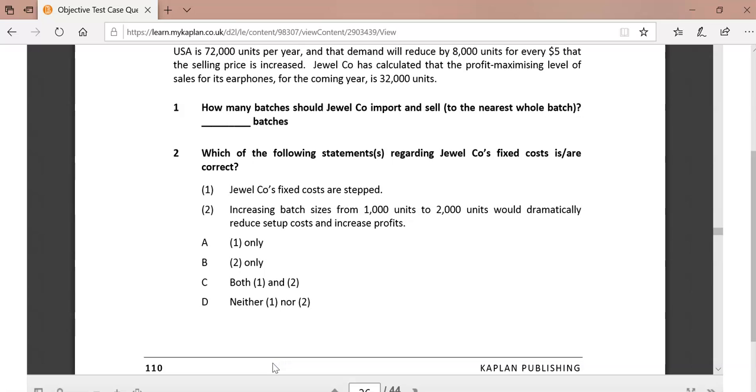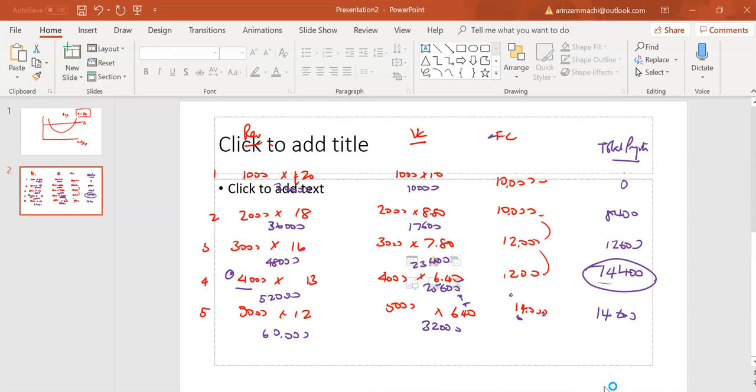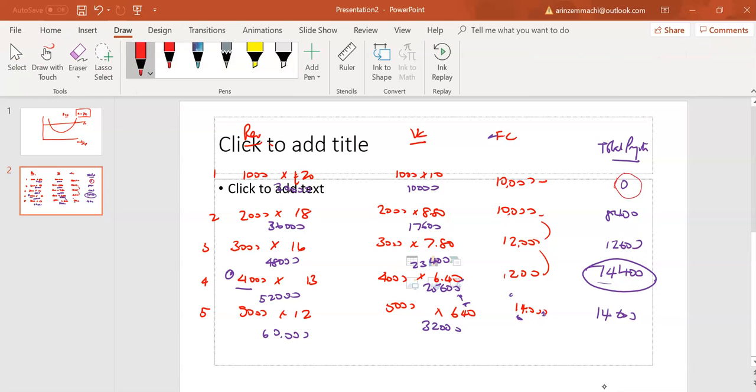It says that increasing batch sizes from 1,000 to 2,000 would dramatically reduce setup costs. Well, let's look at it. When you decided to make this in 1,000, here you had no profits, literally. So if you made them in twos, is what they're telling you, and it's telling you that most of your fixed costs are setups.